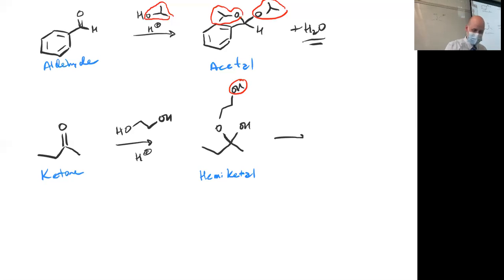And so the full-on ketal here would look like that. So notice that instead of two different OR groups, it's kind of like I have two different OR groups, but they're just attached to the same R group because you had two alcohols in your initial molecule.